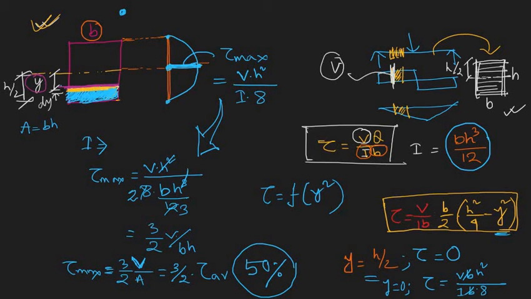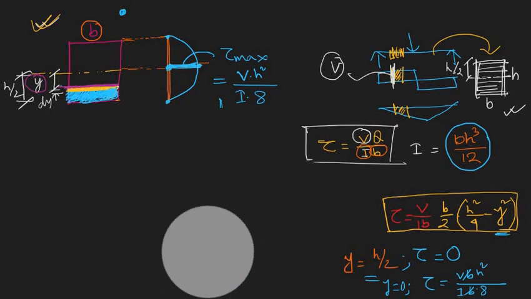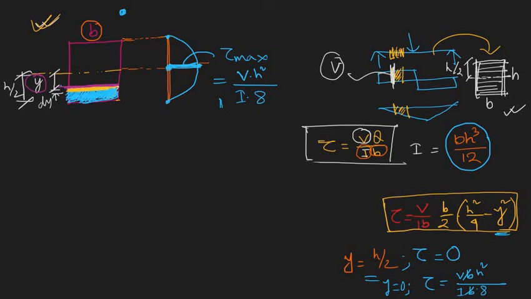So again, let me clear all these things, we don't need those right now. Just like this rectangular section, you can also find the shear stress distribution for a circular section like this one. It also varies parabolically, you can prove it.